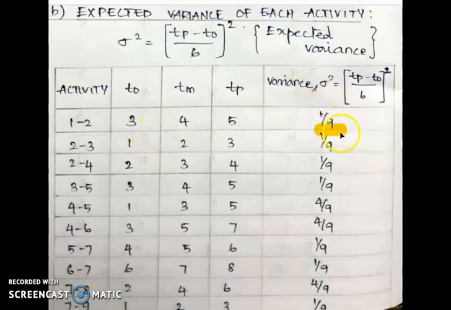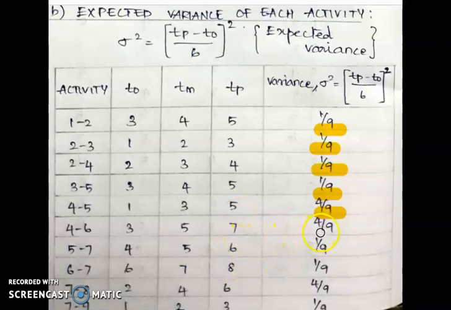Similarly, for each activity we find: 1 to 2 equals 1 by 9, 2 to 3 equals 1 by 9, 2 to 4 equals 1 by 9, and 3 to 5 equals 1 by 9. For 4 to 5, the TP value is 5 minus 1, which is 4, divided by 6, that is 2 by 3, and squared it is 4 by 9.